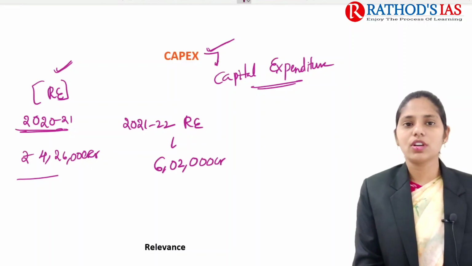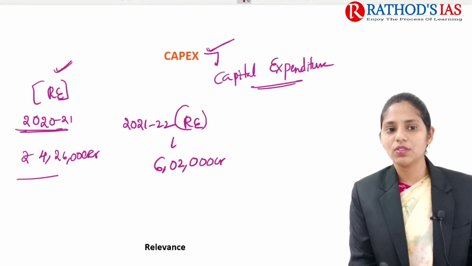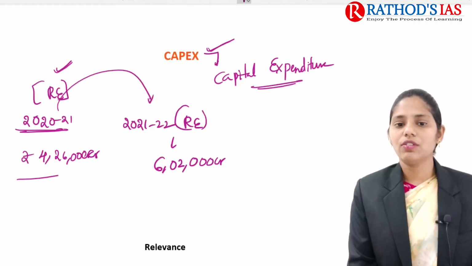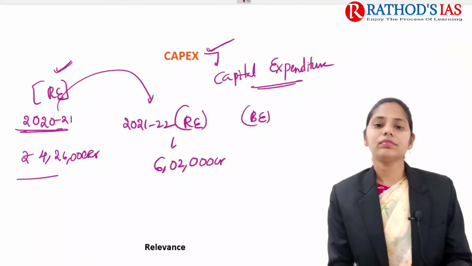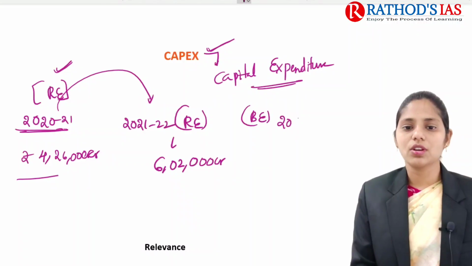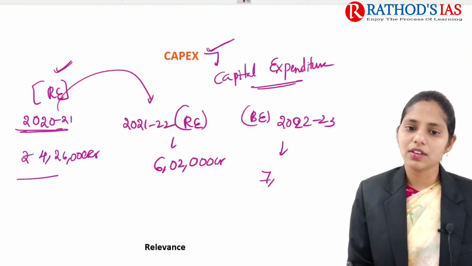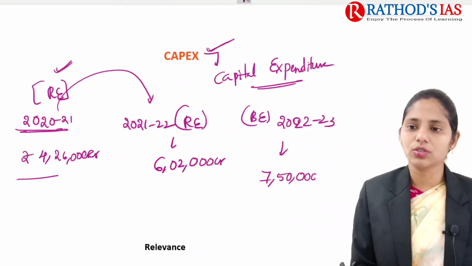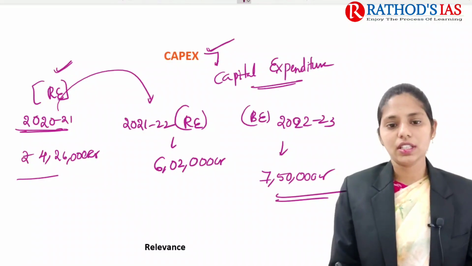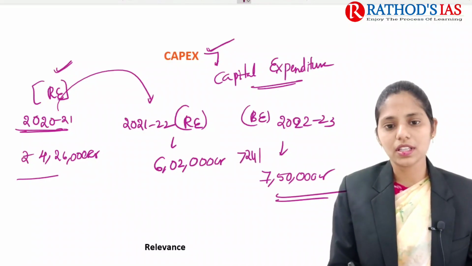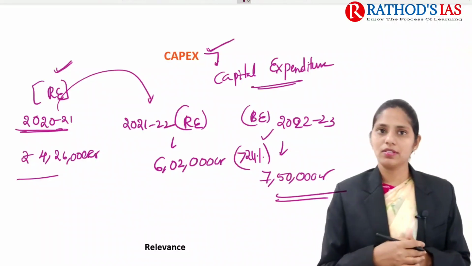Compared with 2020-2021, the revised estimate of 2021 is much higher. Now we come to the budgetary estimates. In the budgetary estimates of 2022 to 2023, it was 7,50,000 crore. So it is a huge jump that we can see. That is more than 24% expenditure that we are going to have in capital expenditure this year.